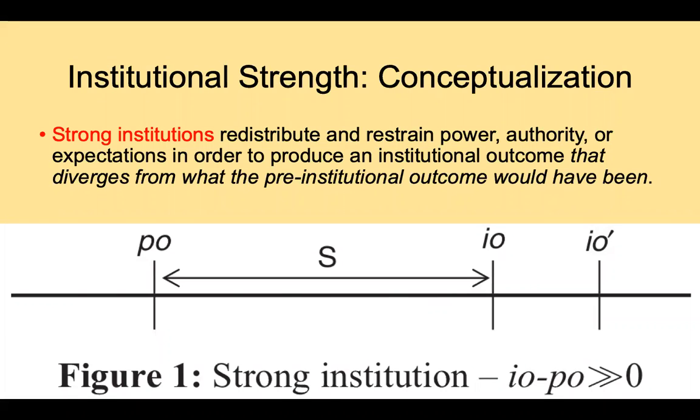In this discussion, we're going to focus primarily on those rules that organizations themselves have to play by. So even though formal organizations like Congress or the executive branch are also institutions, we're going to focus on those rules of the game that those organizations themselves have to obey.